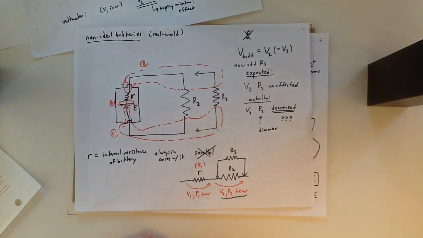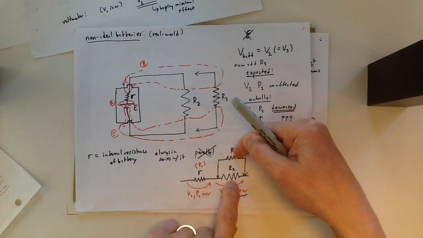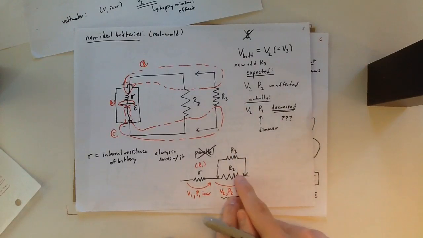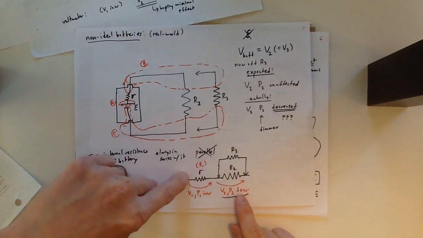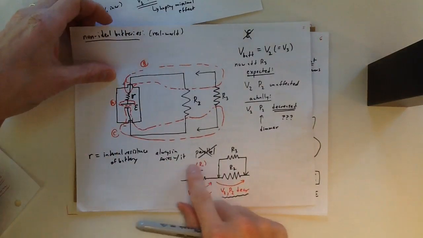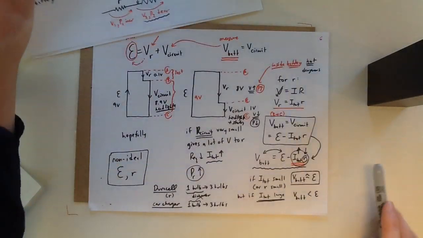When you have your headlights and you put the starting motor in parallel, this P2 will decrease because this voltage decreases and this power decreases across this resistor, and you're of course taking more of the voltage drop across your internal resistance.